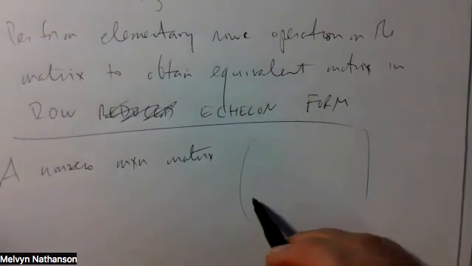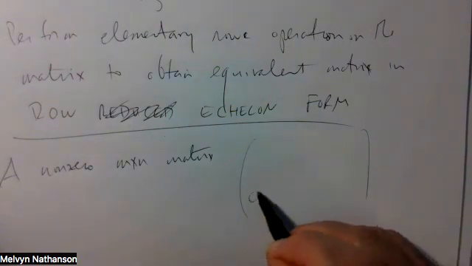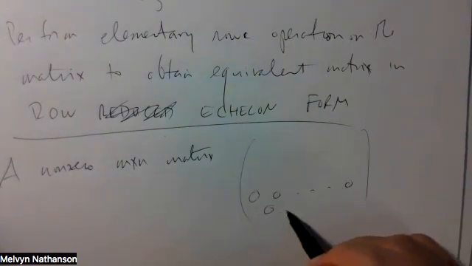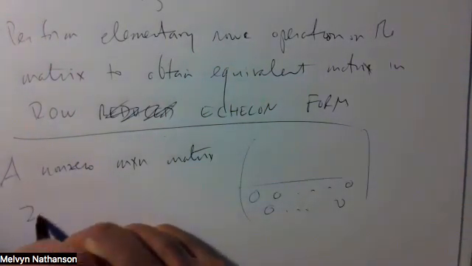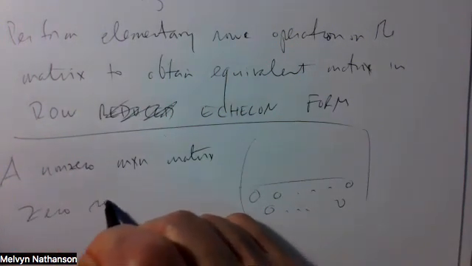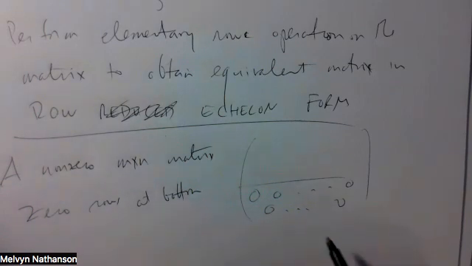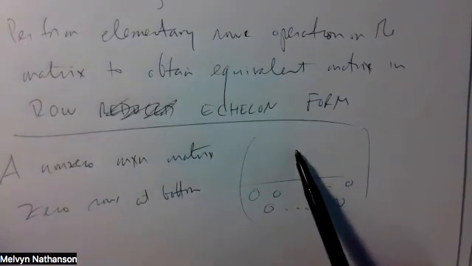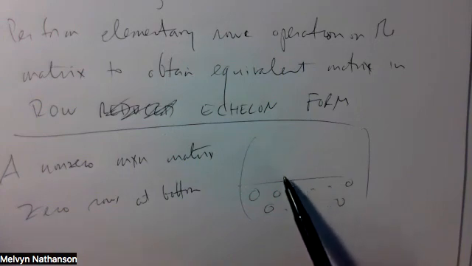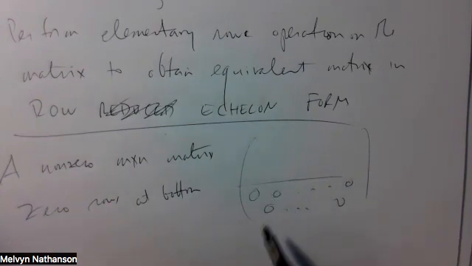So first of all, you could have rows that are all zero. So the zero rows are at the bottom. Well, that's easy. Whenever you obtain a zero row after some elementary row operations, if it's not already at the bottom, switch it with something to put it in the bottom. That's easy.